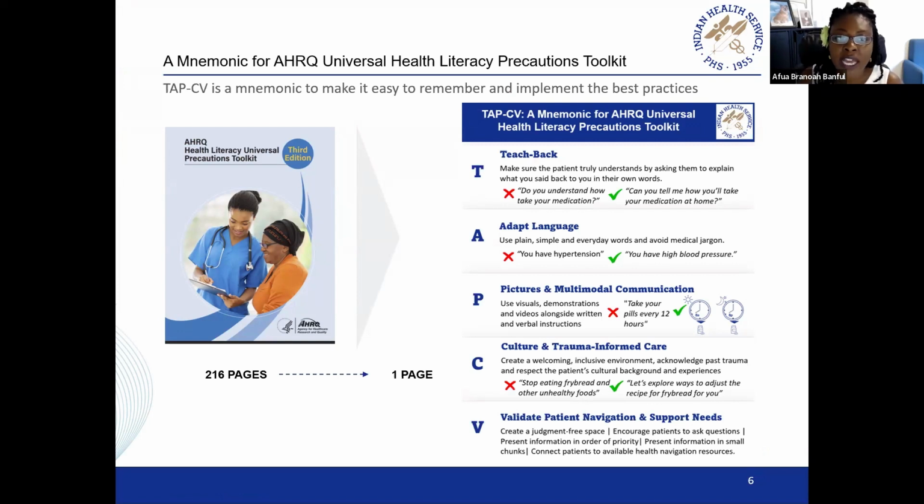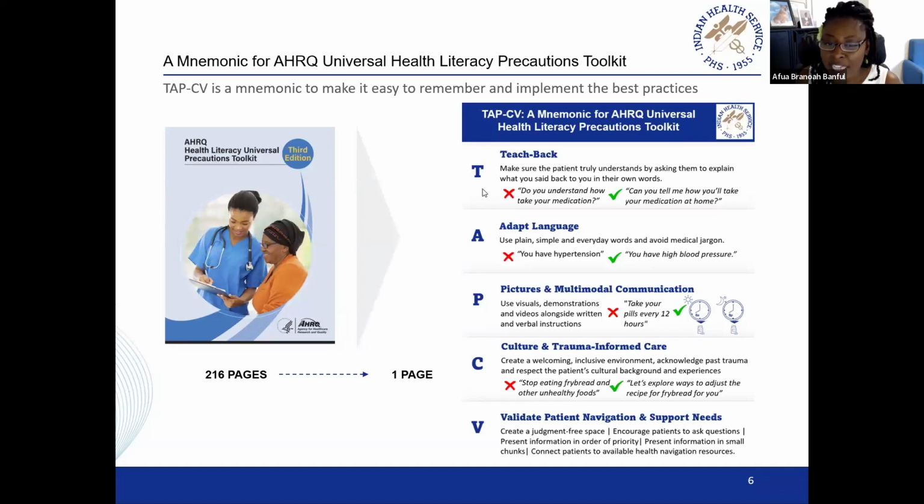Always think of it as we are applying the Universal Health Literacy Precautions Toolkit, and TAP-CV is just a mnemonic, a way of shrinking down this 216 pages into something that is simple and handy for us to remember. So we did the Teach Back training and workshop back in May. And this month, we're focusing on adapting language.